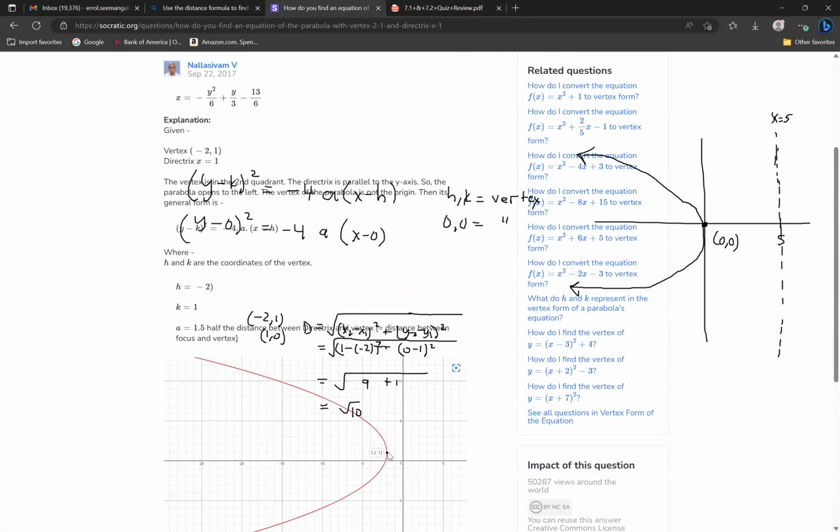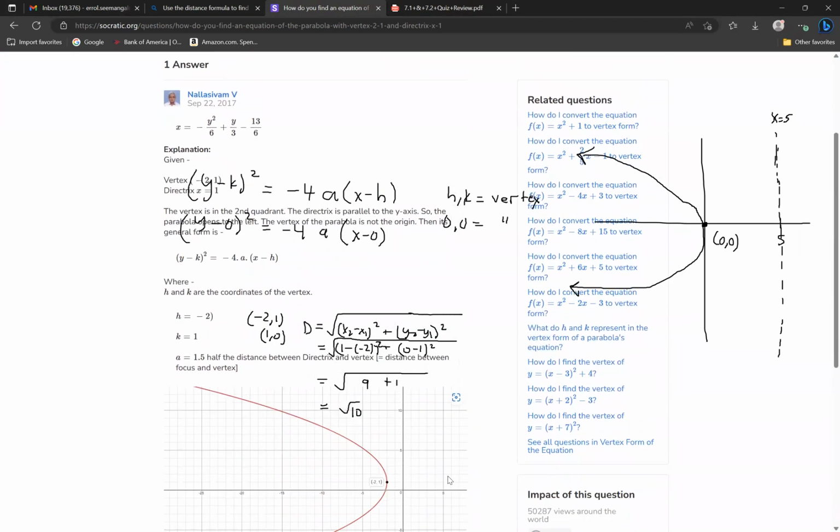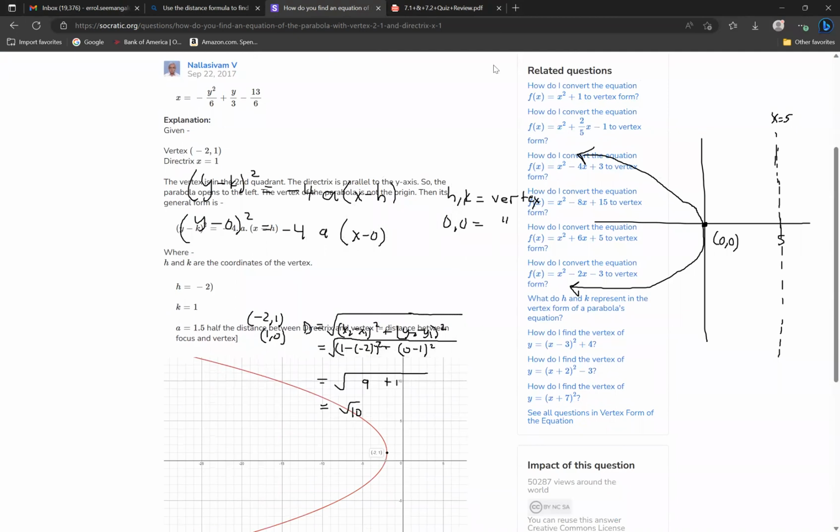There's your vertex, 2, 1 right there. We know that the directrix is 1 in this example. Directrix of 1, which is this line right here. So now they're saying half the, okay, so what's the distance between this and this?